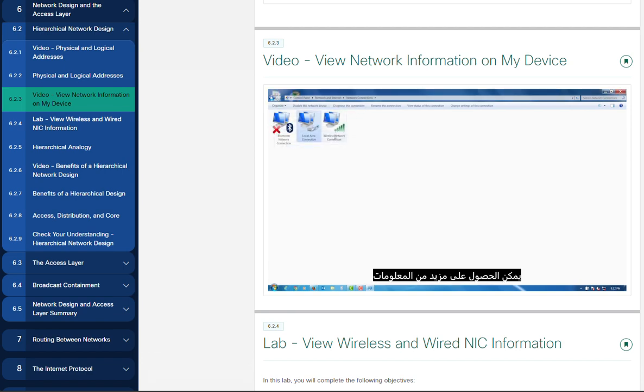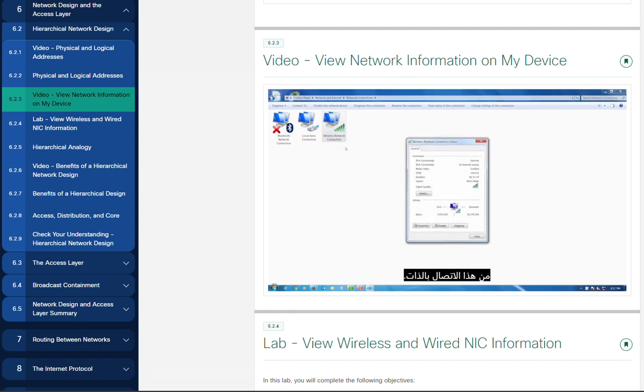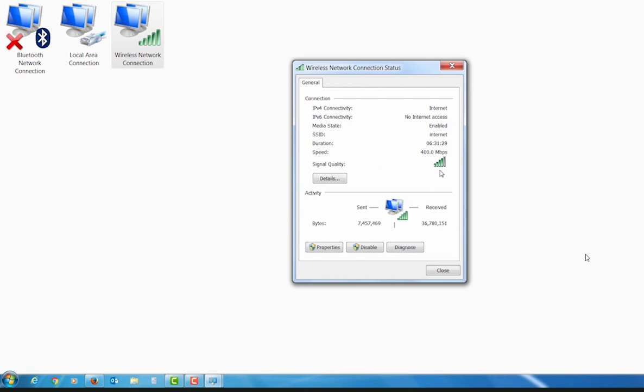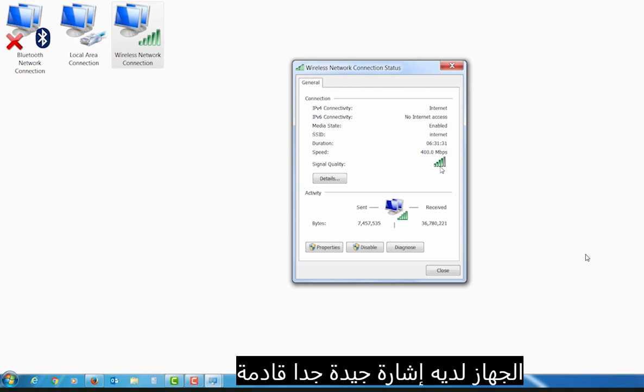More information can be gained by looking at the status information of this particular connection. I can see very briefly that I can get to the internet and that my device has a very good signal coming from the wireless access point.